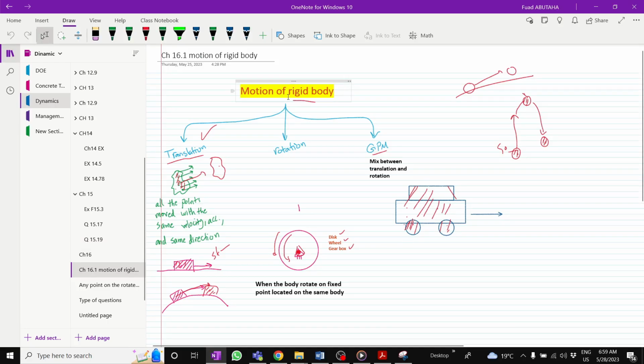So for the motion of the rigid body, because we are now working on the rigid body that has size, we start to consider the size and the shape of the rigid body. For the particle, we don't have any other type of motion. We only have translation motion.